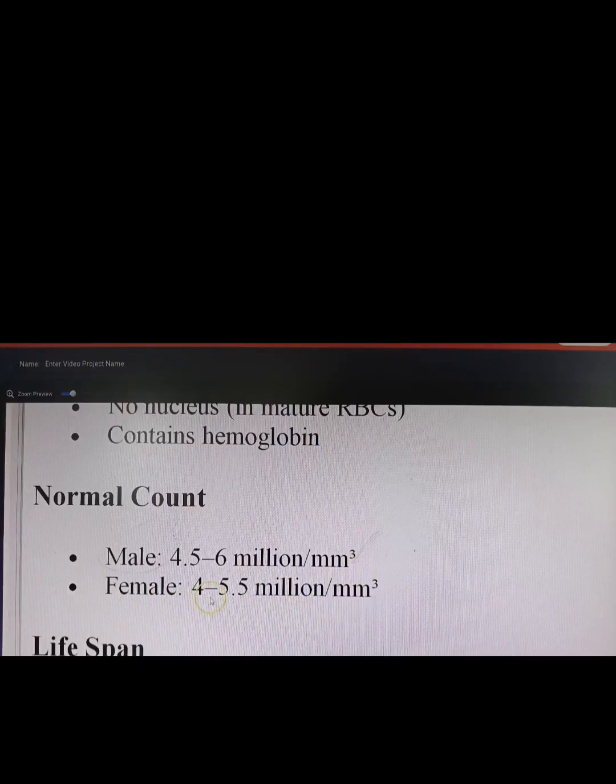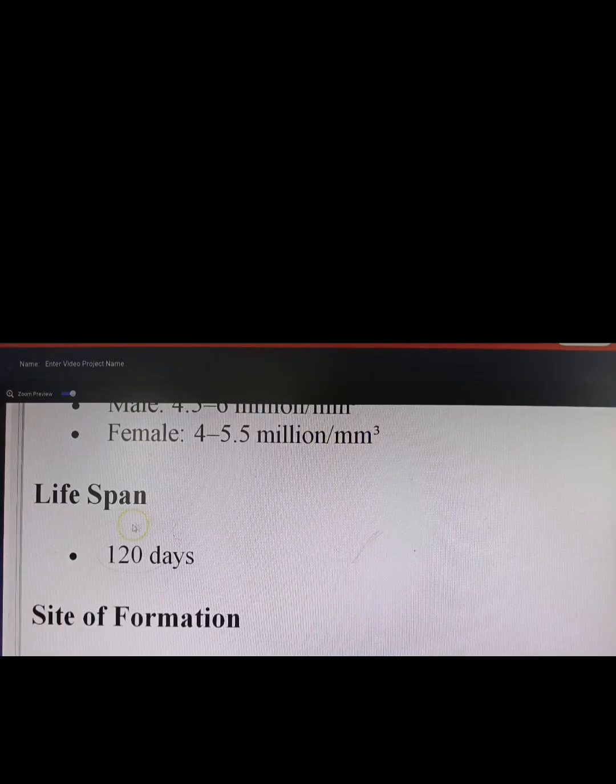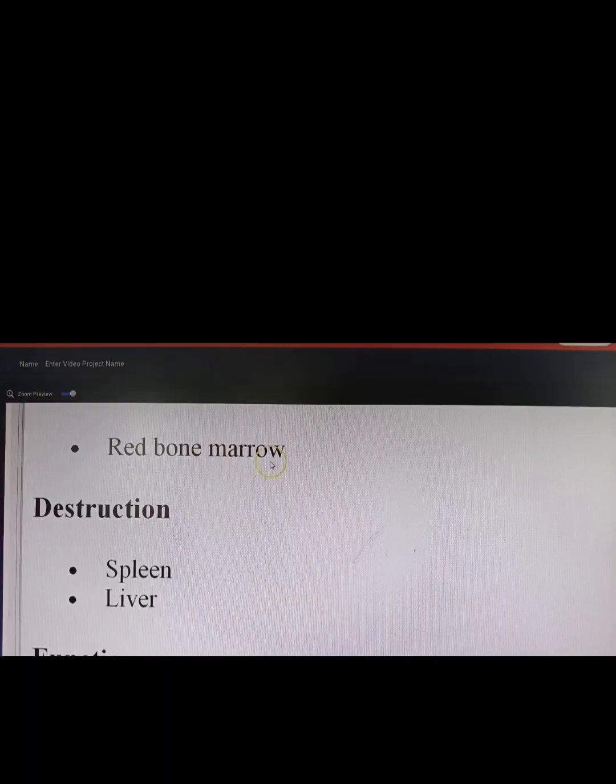In females, approximately 4 to 5.5 million per cubic millimeter. The lifespan of RBCs is approximately 120 days, and the site of formation of RBCs is the red bone marrow. Destruction of RBCs takes place in the spleen and liver.